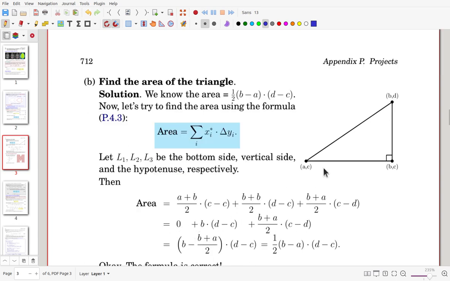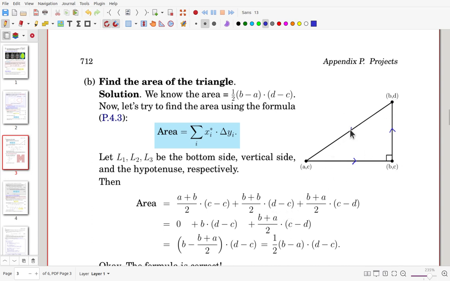For the first line segment, the x values are a and b, so the mid value is half of a plus b, and for the y value there's no change, c to c. Now for the second line segment, the mid value of x is b, and the y value changes from c to d, so d minus c.